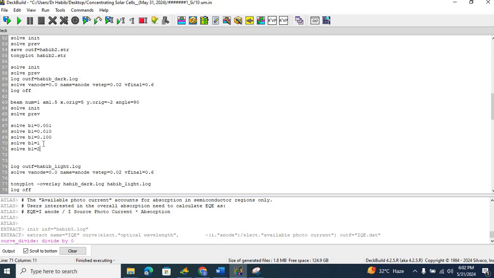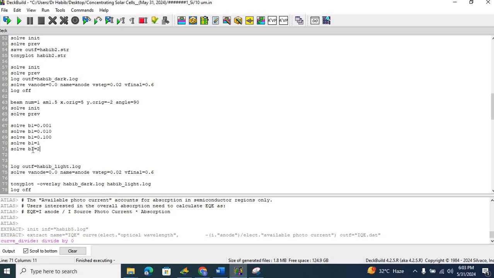It's that simple. For 10 suns, you just have to write sol B1 is equal to 10. For 100, you write sol B1 is equal to 100. So it's going to focus light that many times.